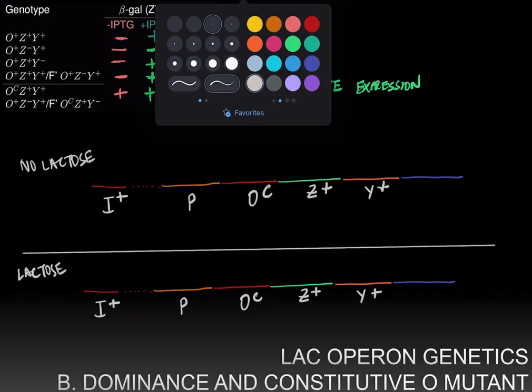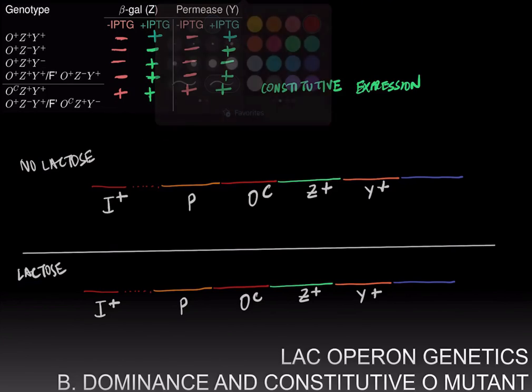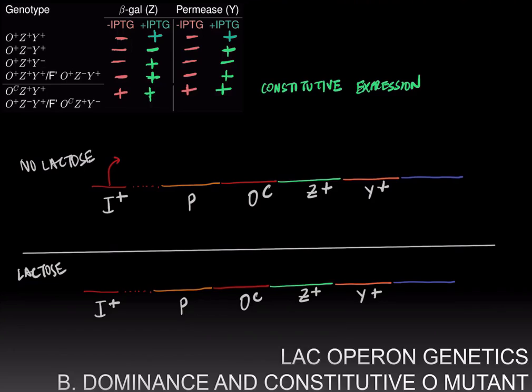And the Lac I gene makes the repressor, which normally would go and bind the operator site. And let's do the condition that we don't have any lactose first.